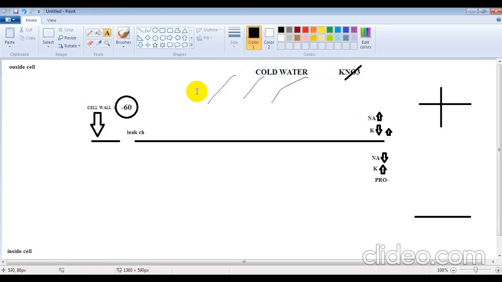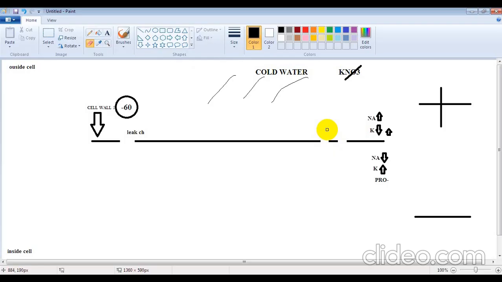Okay, and we say when an external stimulus occurs, a mechanically gated channel opens. If we remember, we said here we have a mechanically gated channel, called a mechanosensitive ion channel.